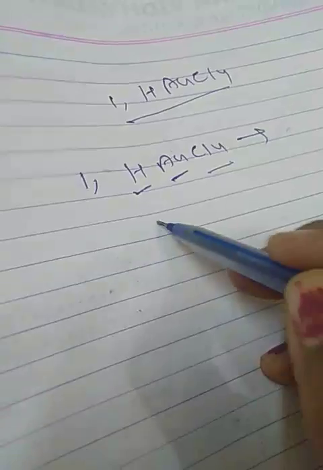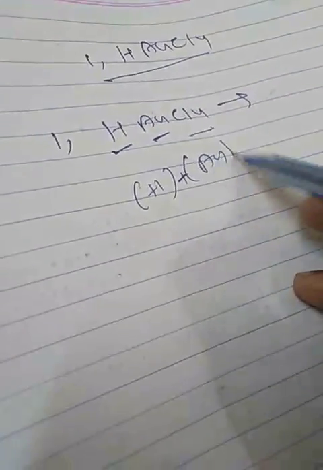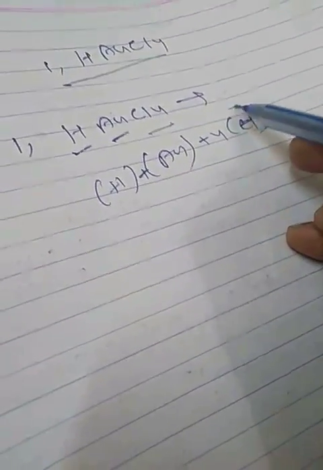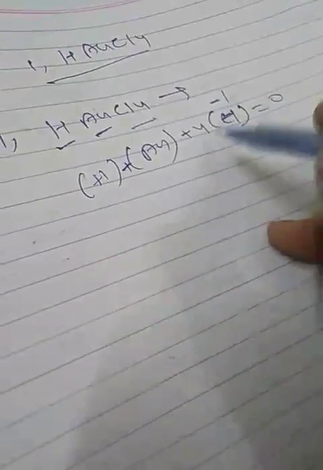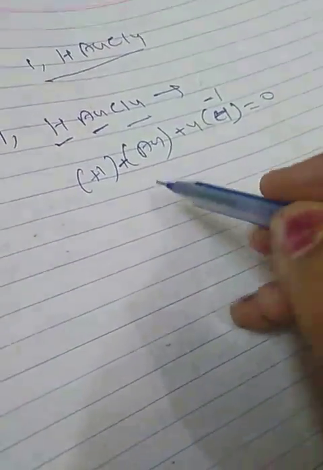One I am teaching you. For Au you have to find; you know hydrogen is less electronegative, so plus 1. Au you have to find out, and Cl, you know, is minus 1. The total oxidation number is equal to 0, as in the earlier rules.